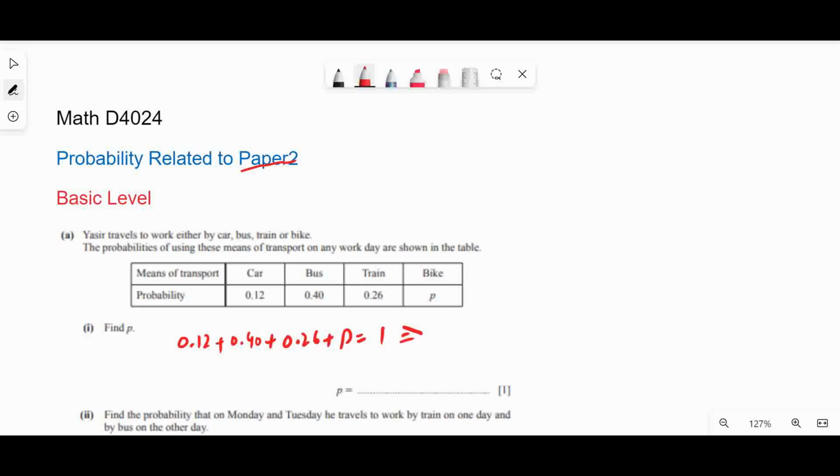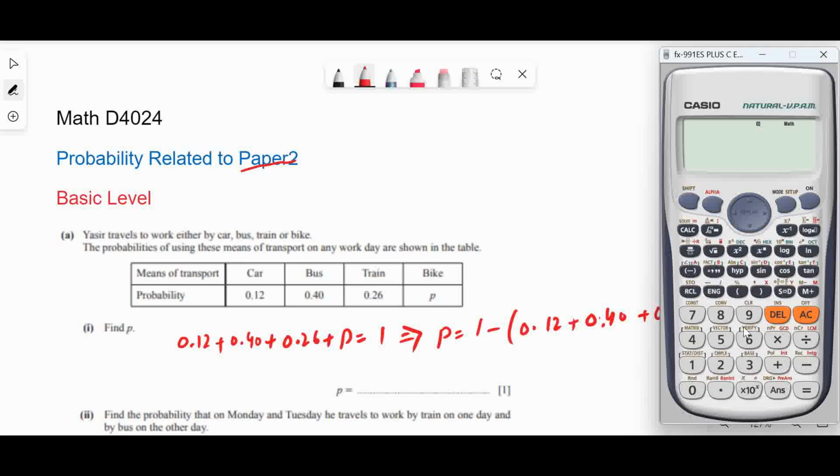Now if we simply rearrange it, P will be equal to 1 minus the sum of all of these, 0.12 plus 0.40 plus 0.26. So first of all we have to add them and then subtract from 1.